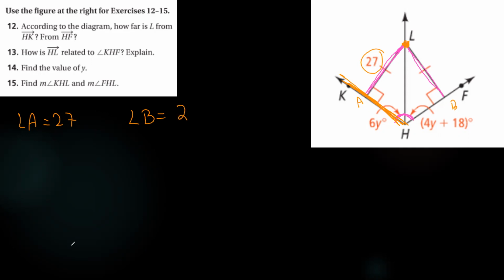Yes, 27. Bravo. So the distance from point L to one side of the angle is 27, and the distance from point L to the second side of the angle will be 27 too. Okay, this is number 12.